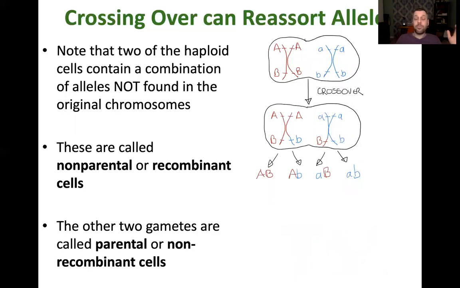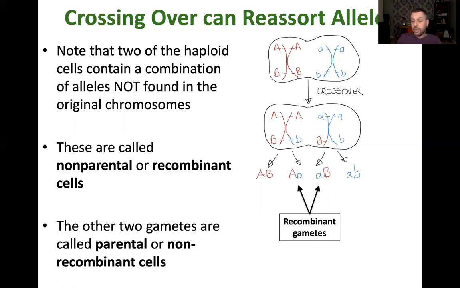And that leads to some different terminology. So if you look at what we just talked about on the right here, when we had this crossover event, we now have these different types of gametes, some of which are the same as the parental cells, and some of which are different. And they're called different things. So these two in the middle are called recombinant or non-parental gametes.